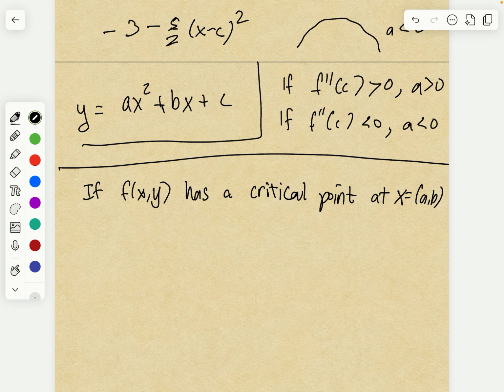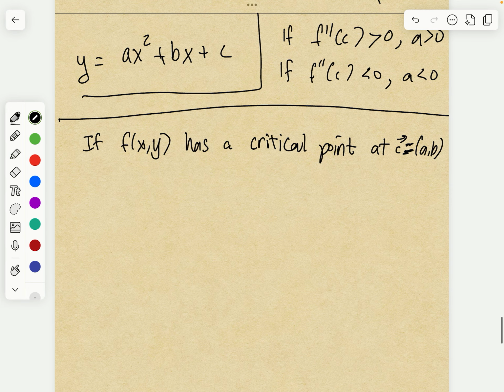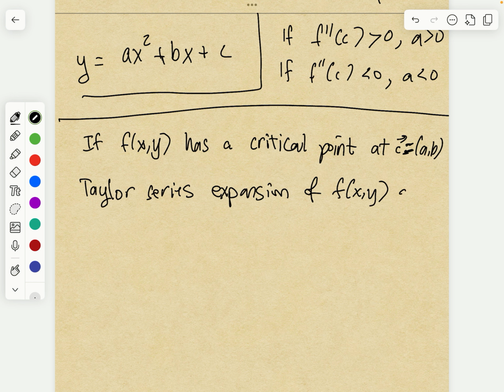Let's call this c, but as a vector, the vector c, which is the point (a, b). Then you can look at the Taylor series expansion of f of x, y at the point c.